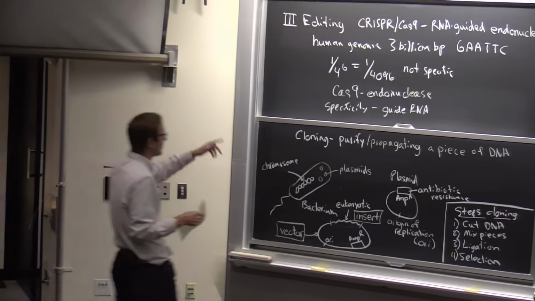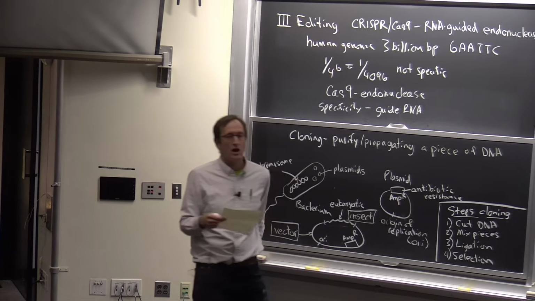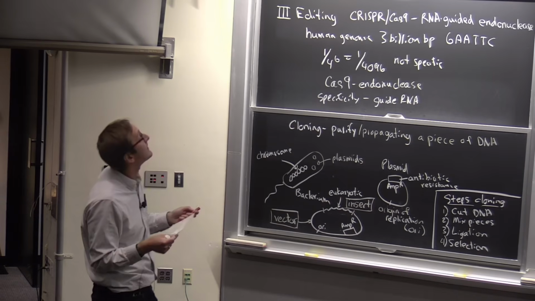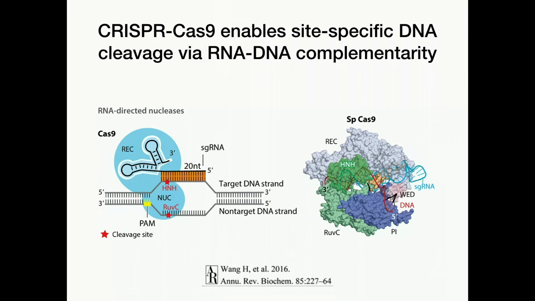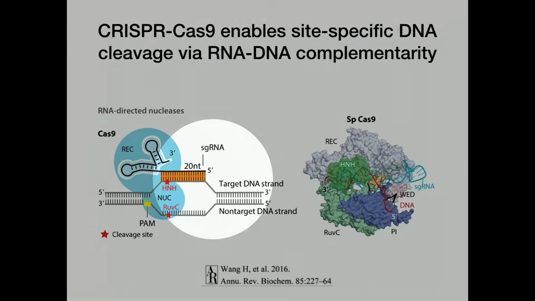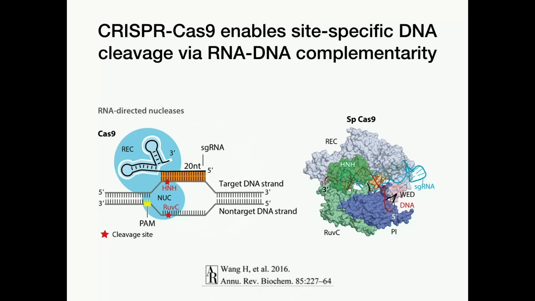This guide RNA basically allows this enzyme to find a specific sequence. The guide RNA is 20 nucleotides, or looks for homology for a 20 nucleotide base pair sequence. So you can see already we're doing way better than the 6 base pair recognition motif. We have 20 nucleotides. And there are other components of the system which increase the specificity.